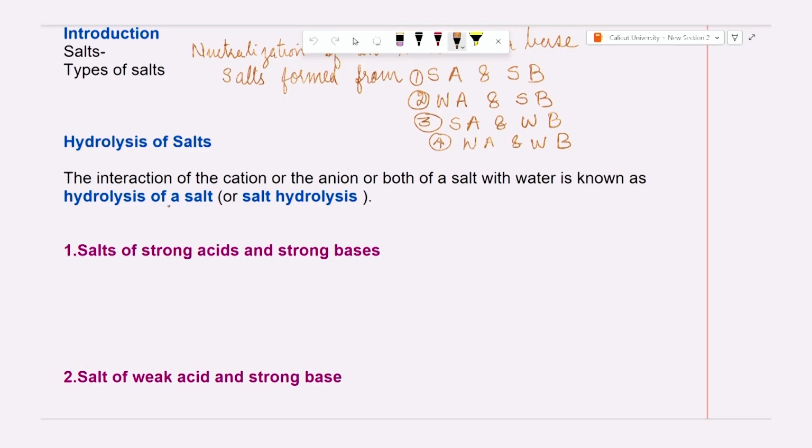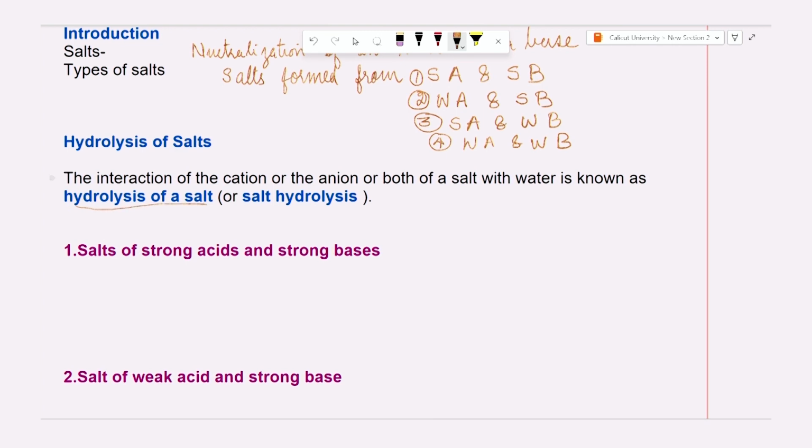It does not involve any hydration; it is an interaction between the ions and water. Do not confuse it with hydration, that is something different. When it is for a salt, it is known as salt hydrolysis or hydrolysis of a salt.